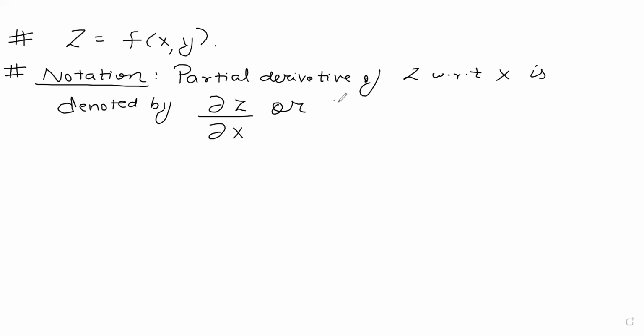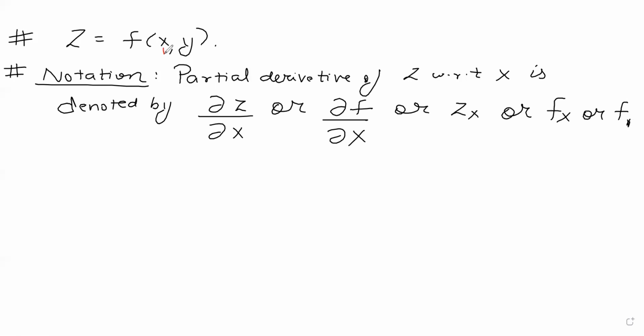I can also write it as the derivative of the function with respect to x, del f by del x. Or some of the books write it as zx. Zx, z subscript x, means del z by del x. Or some of the books write it as fx. Or some of the books even write it as f1. F1 is treating x as variable 1 and y as variable 2.